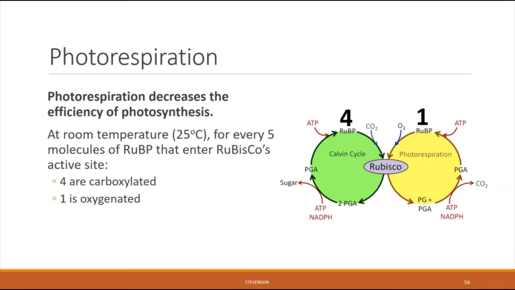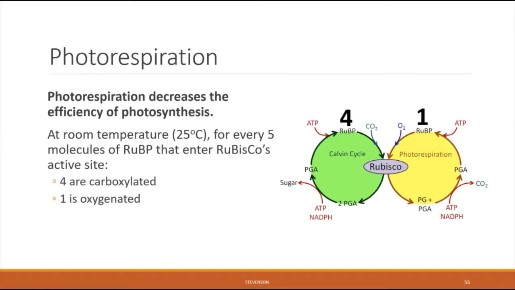So at 25 degrees Celsius, which is somewhere around room temperature in Fahrenheit, for every 5 molecules of RuBP that Rubisco works with, 4 end up getting a carbon dioxide molecule, and 1 ends up getting an oxygen molecule.